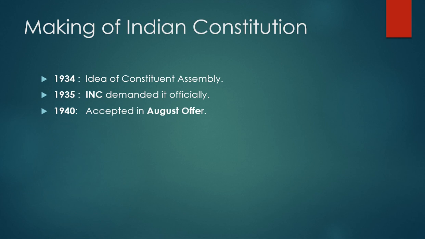In 1940, during the Second World War, this demand was accepted by the Britishers through the August Offer, a royal offer sent by the Queen of Britain, saying: okay, you can make your own constitution. And finally, in 1946, we constituted our Constituent Assembly under the Cabinet Mission Plan.